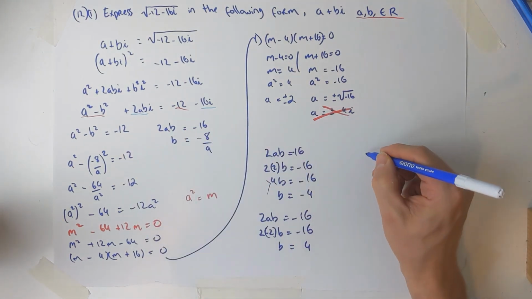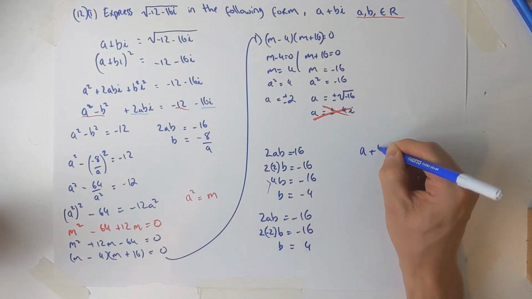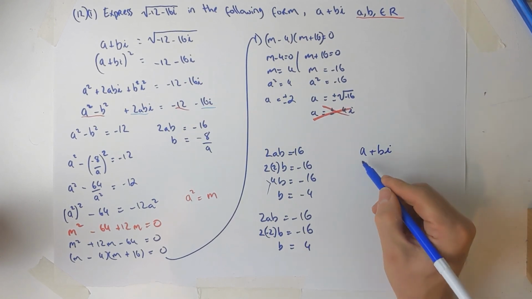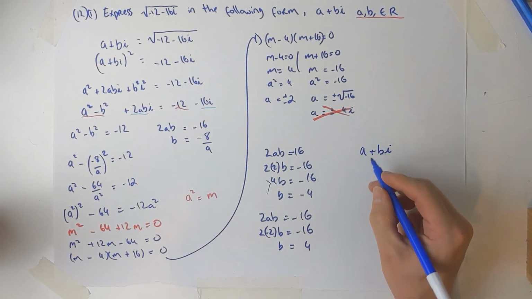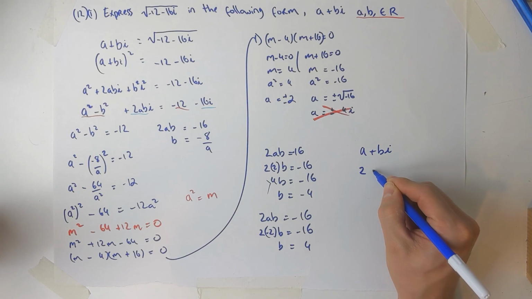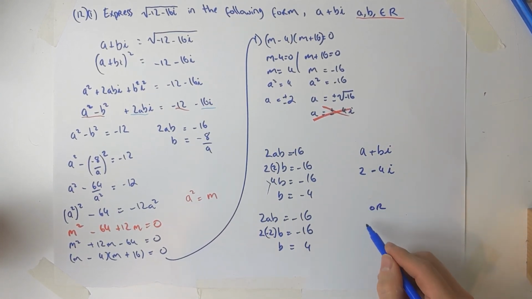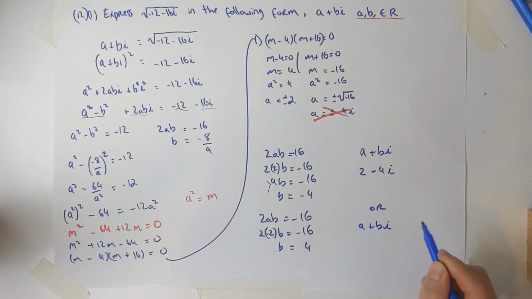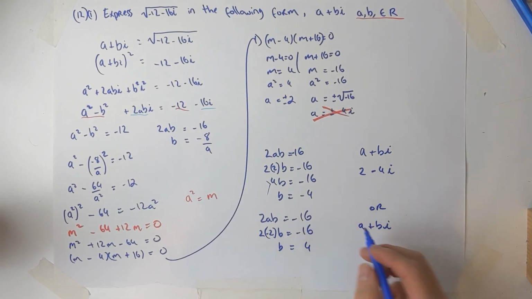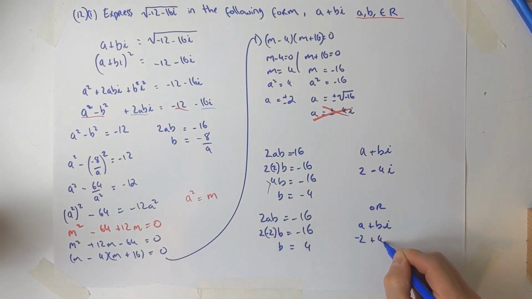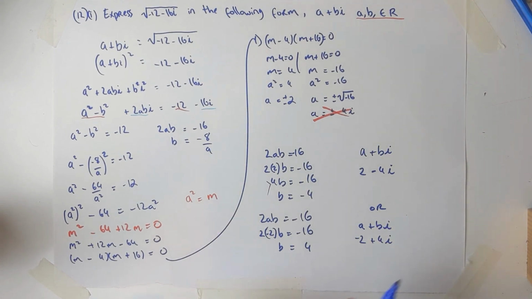So your two solutions are a plus bi, that's positive 2 and a negative 4, or you've got a plus bi with a negative 2 and a positive 4. They're your two answers.